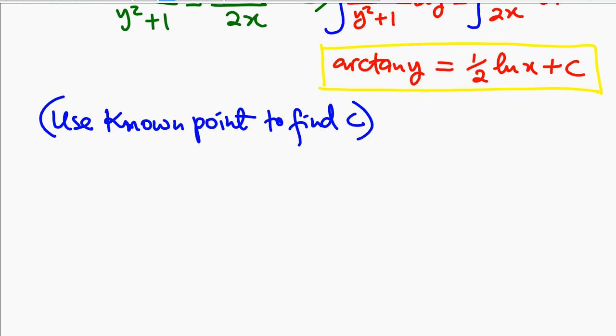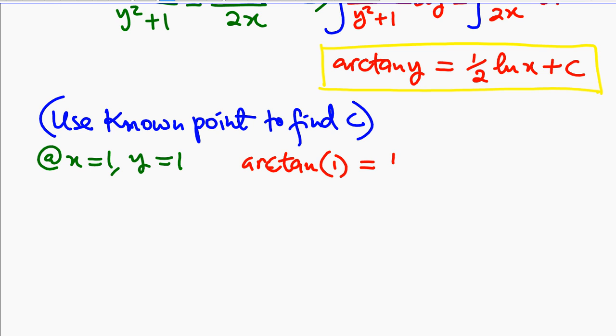All right. So we just need to plug that into our equation. So we'll end up with arctan 1 will be equal to a half ln 1 plus c, and arctan 1 is just pi over 4. That will be equal to c.